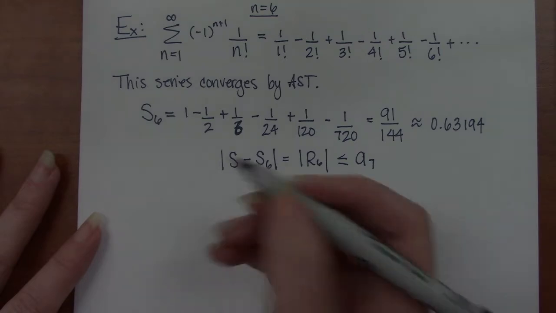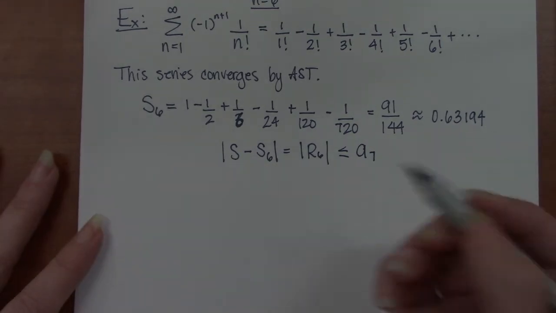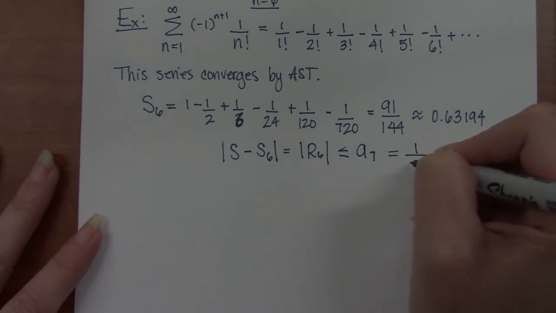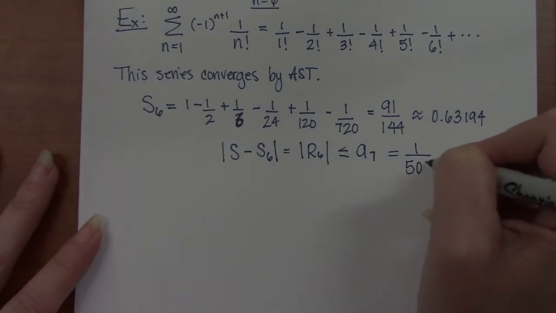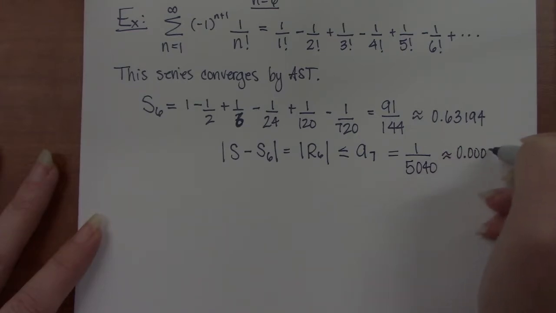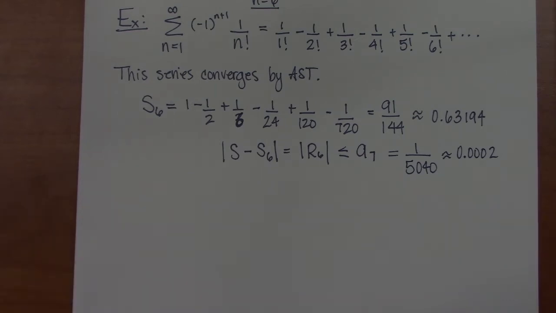So the remainder, A7 is 1 over 7 factorial, which is 5,040. So that works out to be 0.0002. So the remainder is no more than that number, but it could be a little bit less than that number.